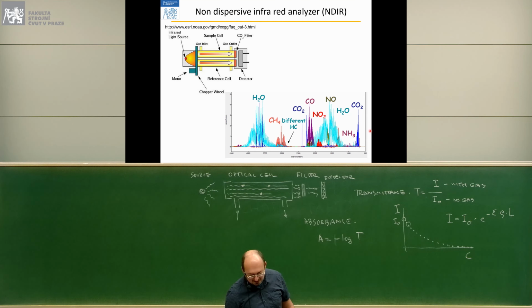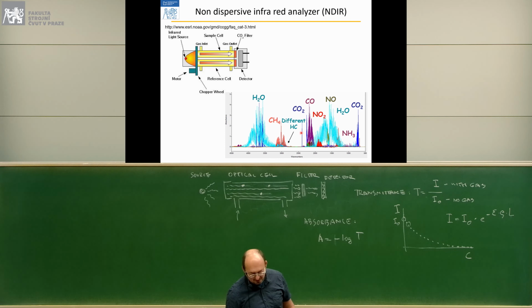Most of the mid-infrared spectra is dominated by absorption spectra of water. This is this light blue, and carbon dioxide, which is here. And also there is a very nice absorption peak here, which doesn't show because it was simply too much absorption for this instrument.